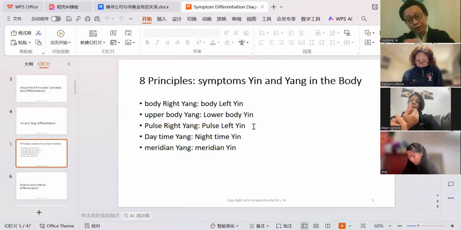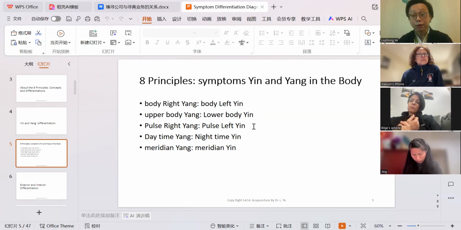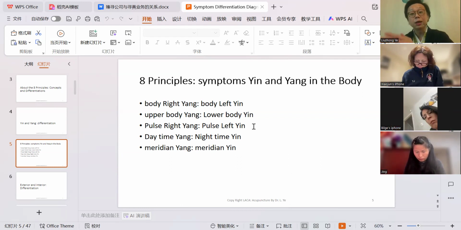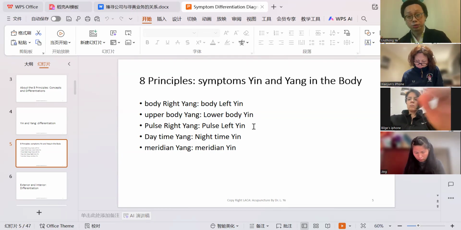For example, with the flu, if people come in with a cough, and the cough is more noticeable and pronounced during the daytime, that indicates more yang issues, which means it could still be affecting the yang meridian rather than the yin meridians. If it's worse in the evening, especially in the middle of the night, waking up, that's more yin organ issues.